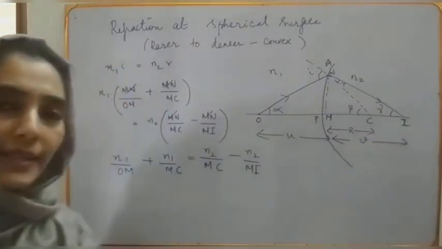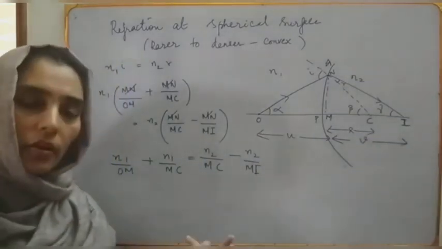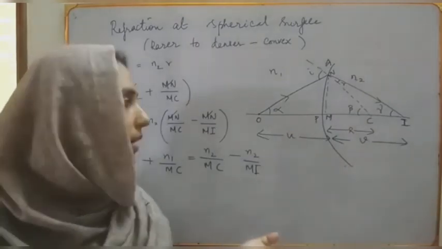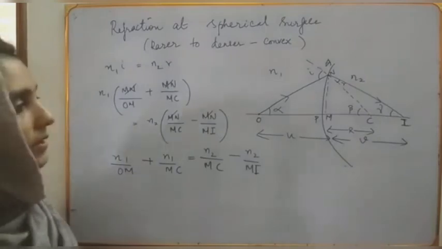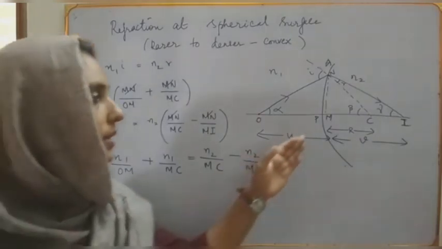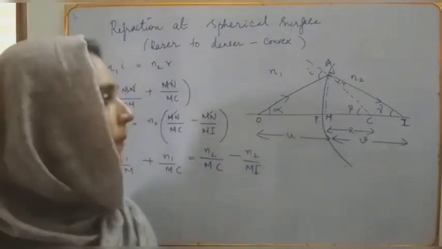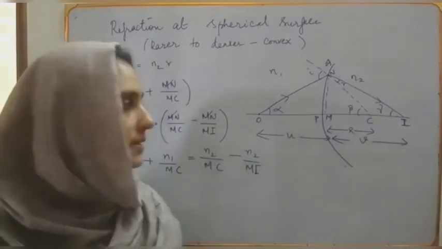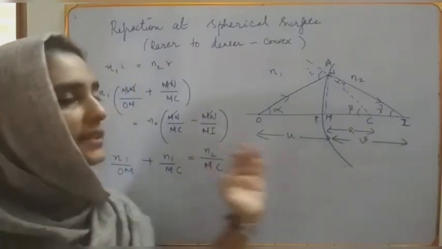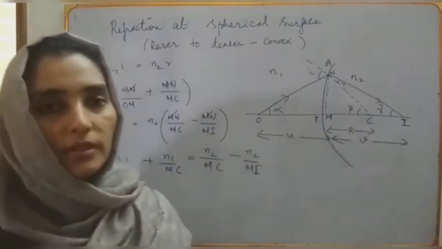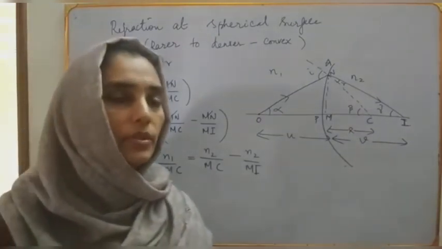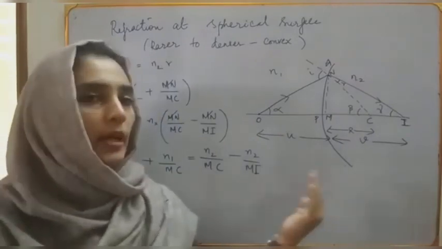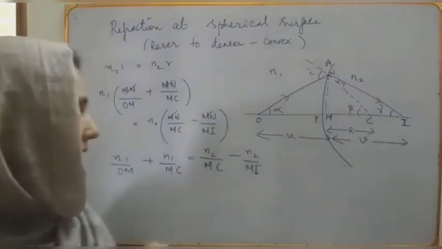You have to apply the sign conventions as well. I have already taught you the sign conventions when we had discussed concave and convex mirrors. All distances are measured from the pole or the optic center of the mirror or the lens, and the direction of incident light is considered positive, and any length which comes in the opposite sense is considered negative.